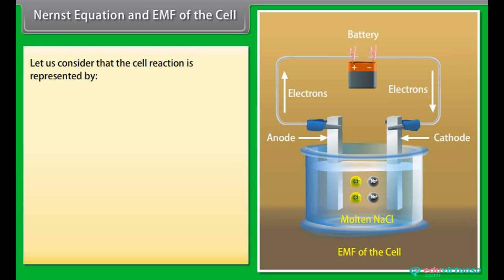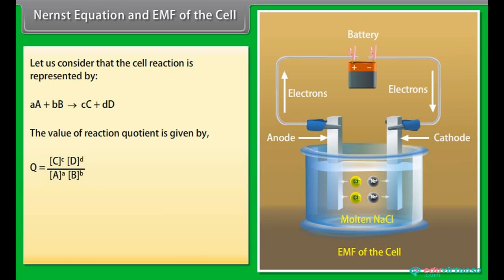Let us consider that the cell reaction is aA plus bB gives rise to cC plus dD. The value of the reaction quotient is given by Q is equal to [C] raised to the power c into [D] raised to the power d divided by [A] raised to the power a into [B] raised to the power b.